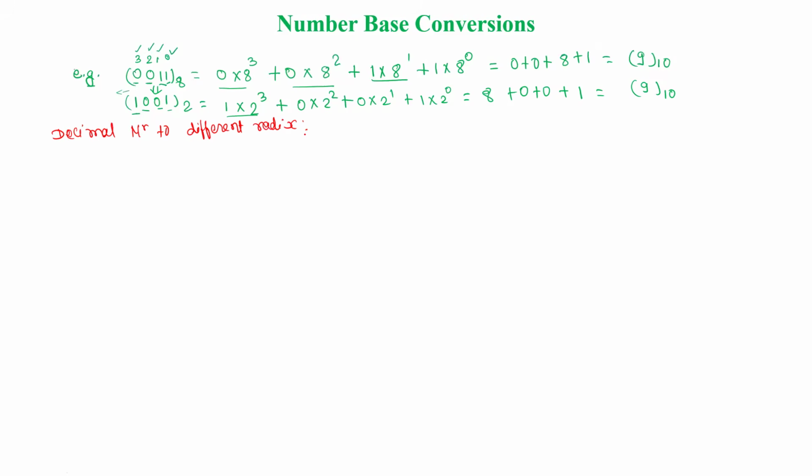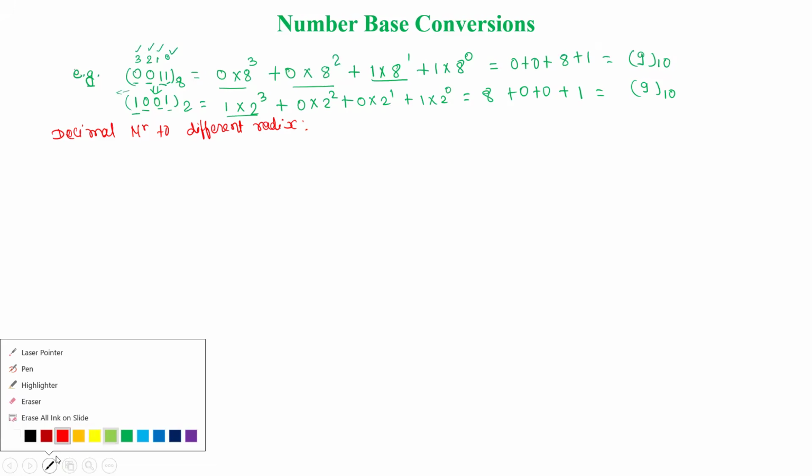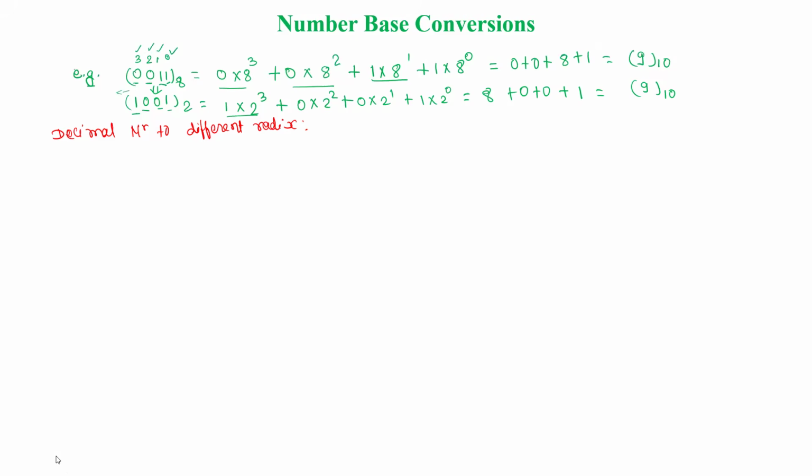To obtain a different radix, in the case of decimal we have two different parts: one is the integer and one is the fraction. First we are going to take an example for the integer. How will we convert an integer value into another number system?